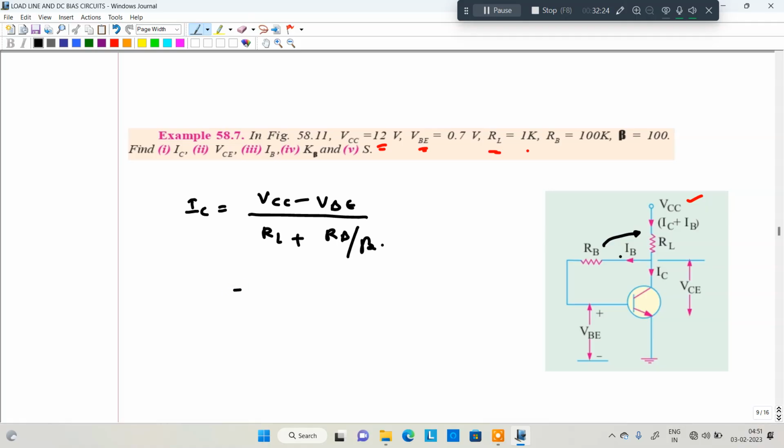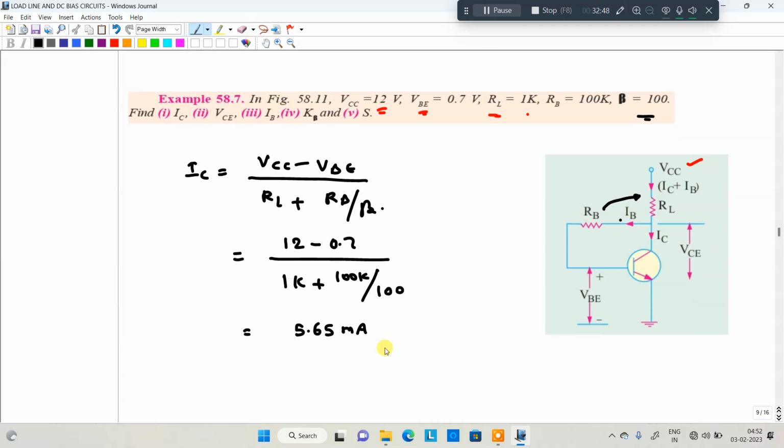So VCC is 12 minus 0.7 divided by RL, which is 1K, plus RB, which is 100K, divided by beta, which is 100. That will be equivalent to 5.65 milliamperes. All of it clear?